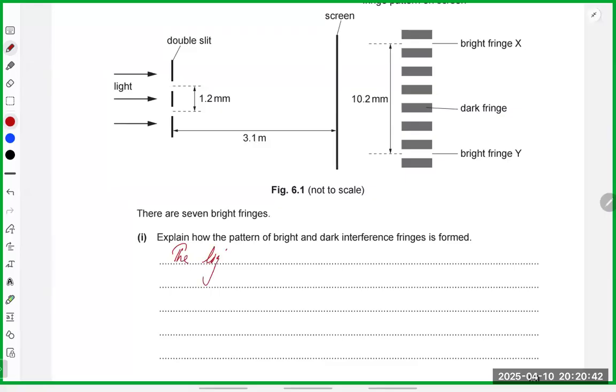The light, when it passes through slits, diffracts, which means it spreads.